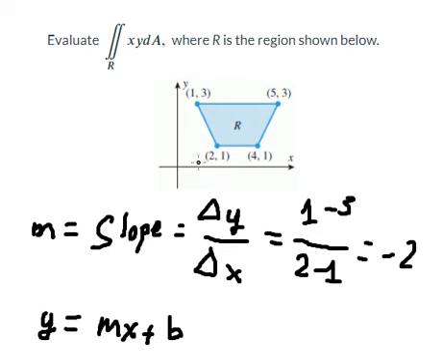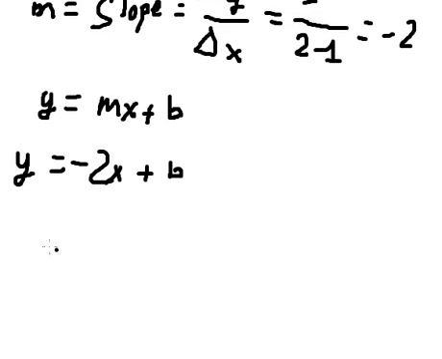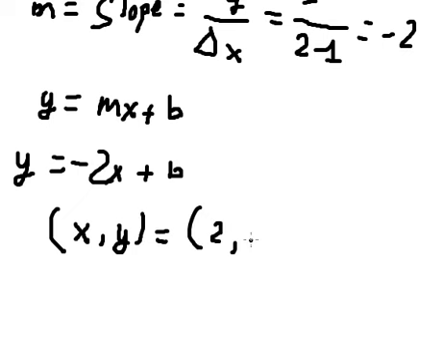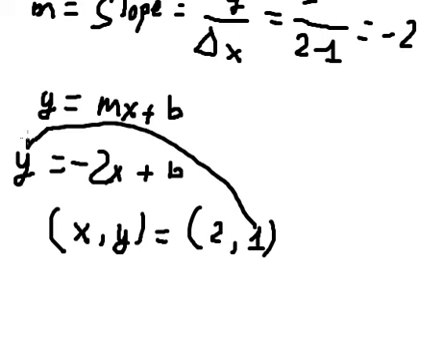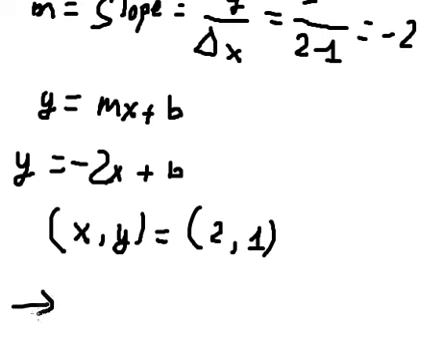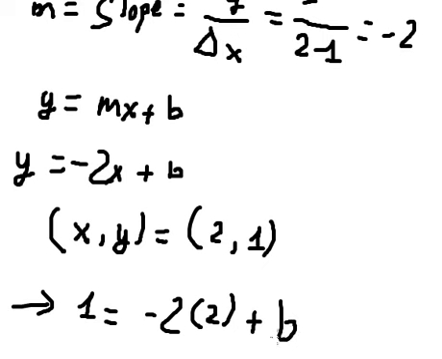And now I select this point. So I will put 2 for x here and 1 for y here. So we have 1 equals negative 2 multiplied by 2 plus b. So we can find the value of b in here.